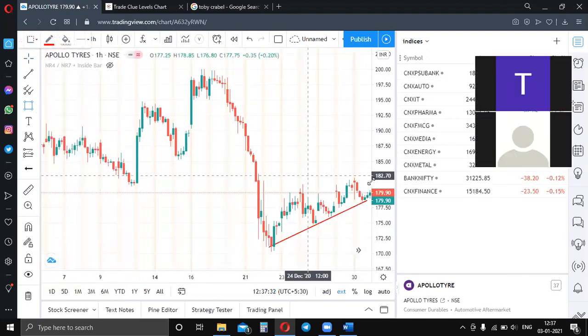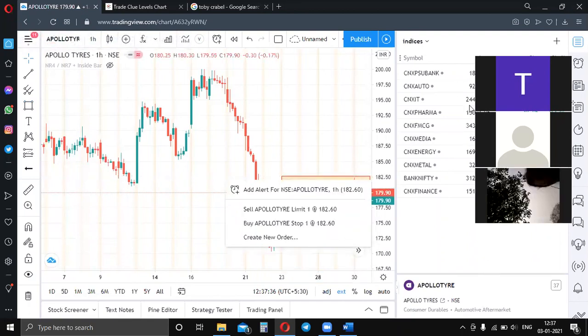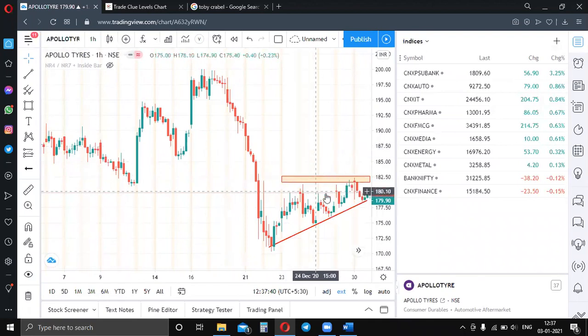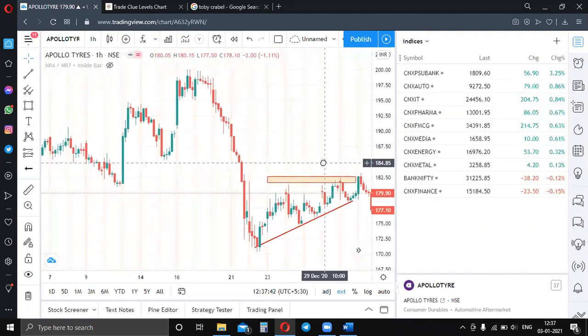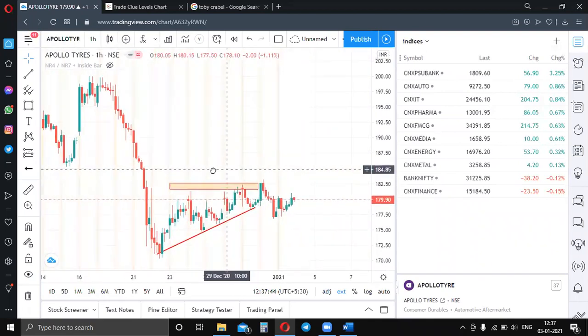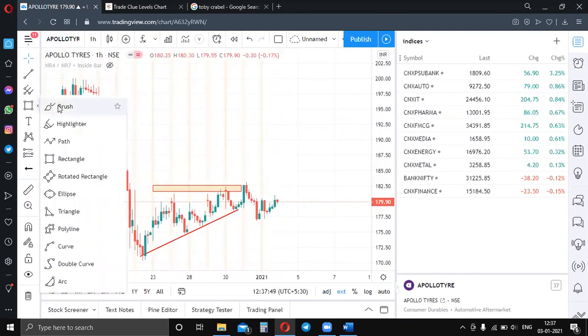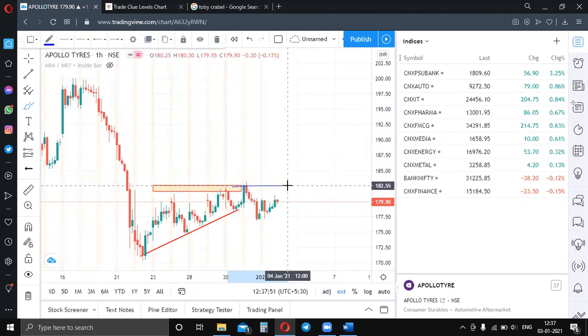What happened? After breaking that zone, it didn't sustain much and a sharp fall happened. It took our stop loss, but I'll try to enter again when a clear breakout happens again. So that will be the other opportunity, not here.